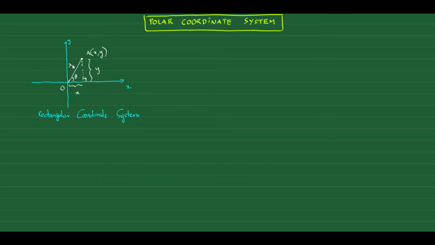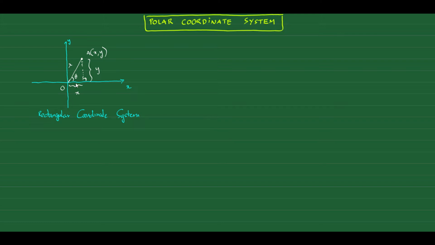The reason I call it the radius is that if you imagine I draw a circle with radius r, we can portray the location of any point on that circle using r and the angle theta.